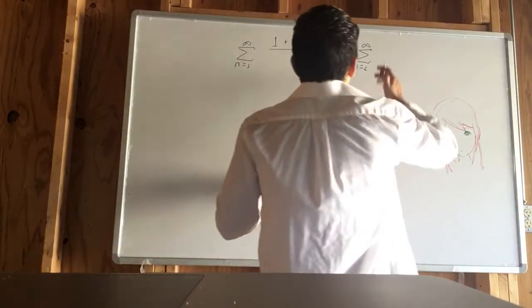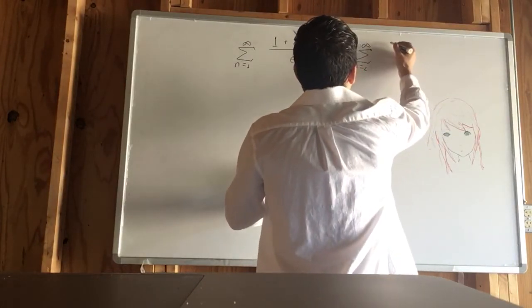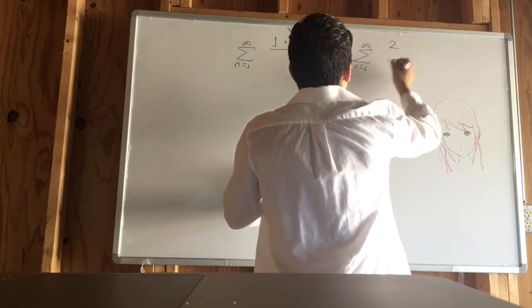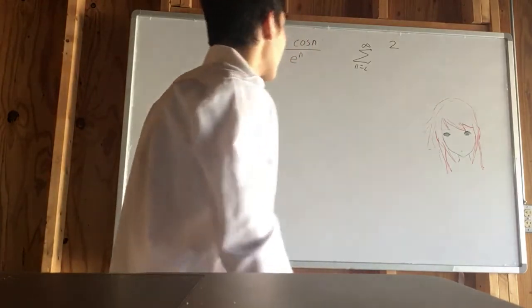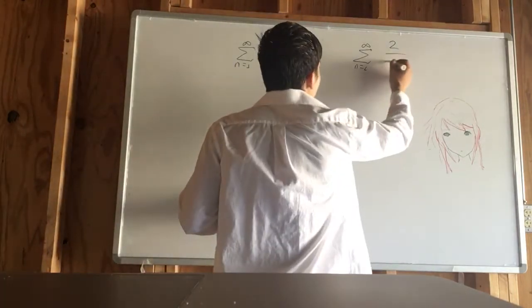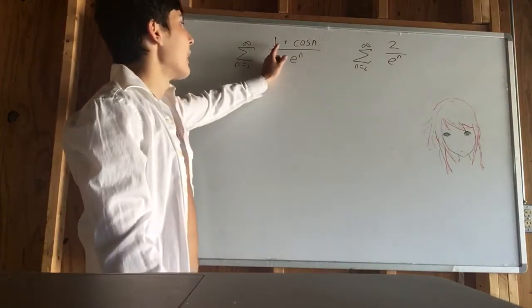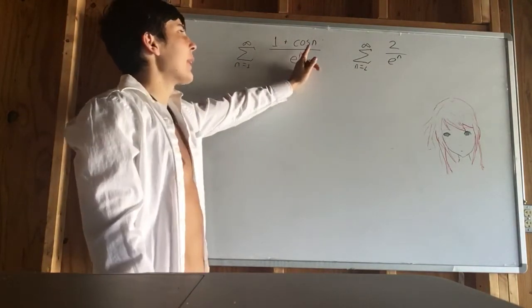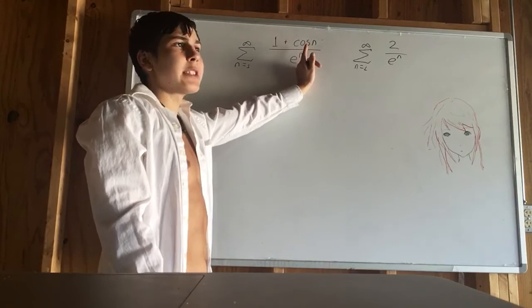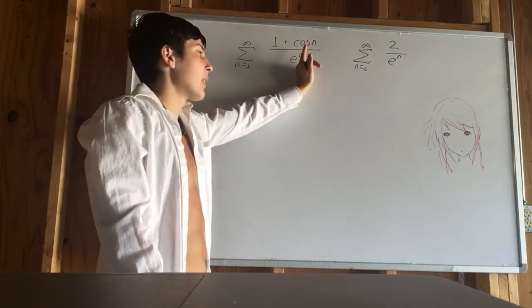So we have a very similar series here, which has 2 in the numerator. Why 2? Because here we have 1, and we know that this number here is always going to be less than 1.